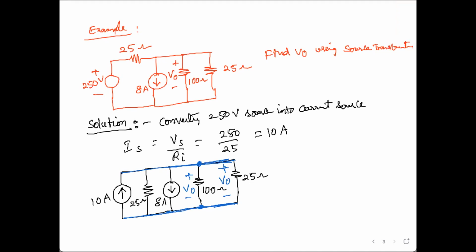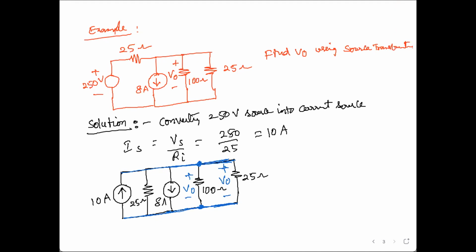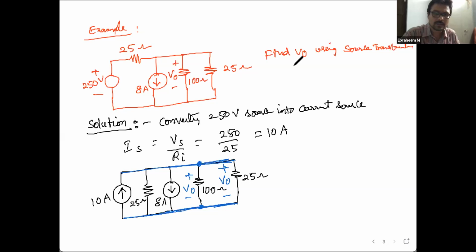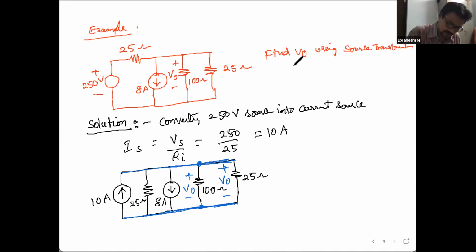Current through the 100 ohm or 20 ohm resistance, for the entire circuit. 10 ampere and 8 ampere. We should know the effective current now, sir. Okay, I will tell you, just follow.